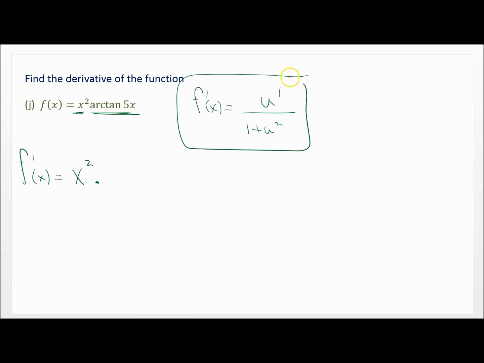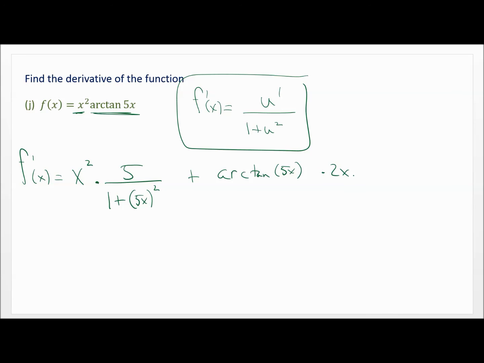The derivative of the second is where I use the formula. So u prime is the derivative of the inside, which is 5, over 1 plus u squared, so that's 5x squared. So it's first times derivative of the second, plus the second, so that's just arc tangent of 5x, I like to put parentheses around my argument, times the derivative of the first, which is 2x.